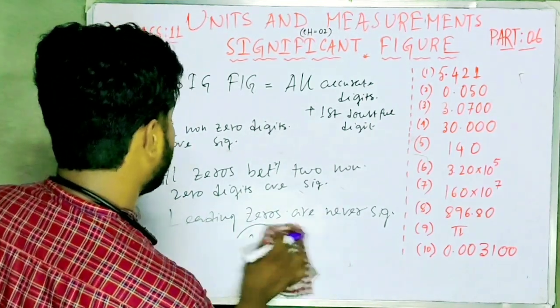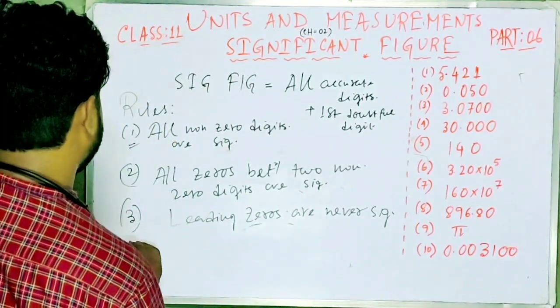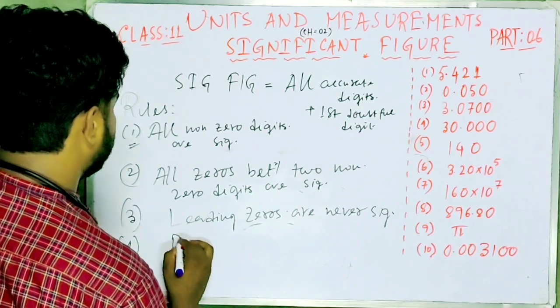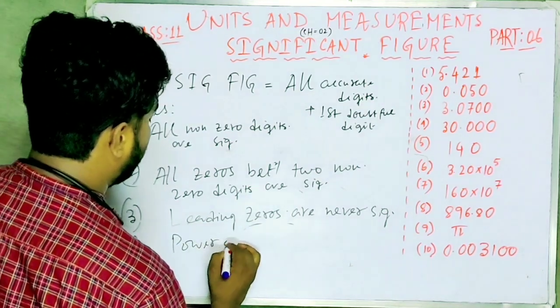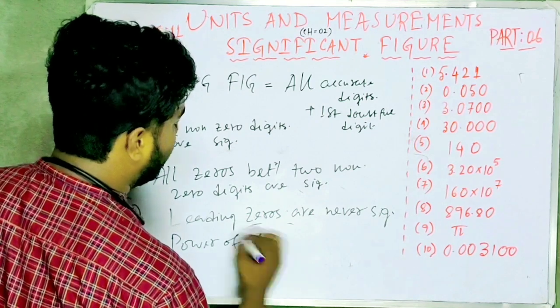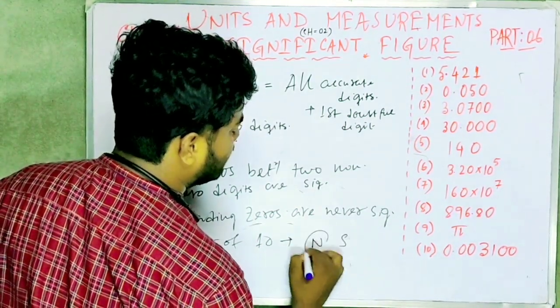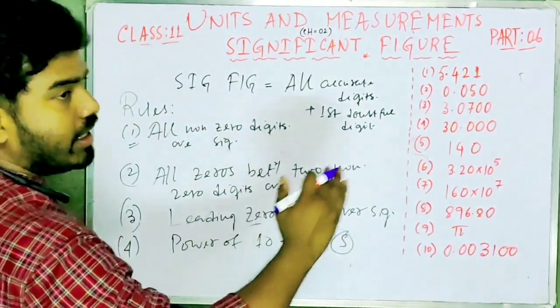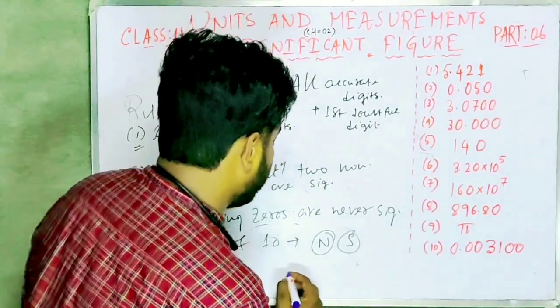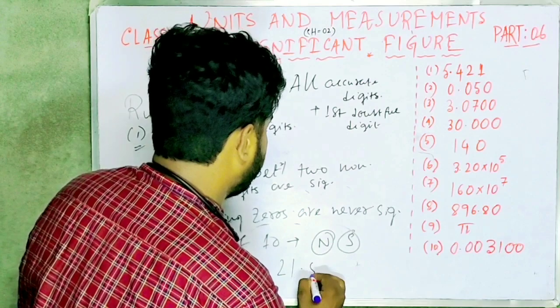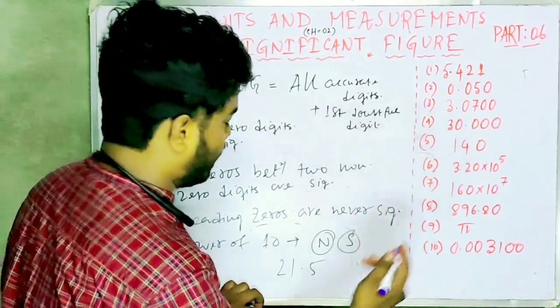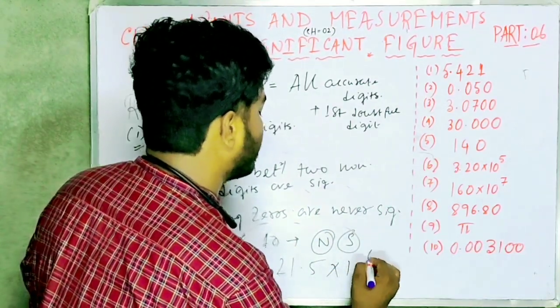Next, rule number 4: power of 10 is never significant. For example, 2.15 times 10 to the power 6.